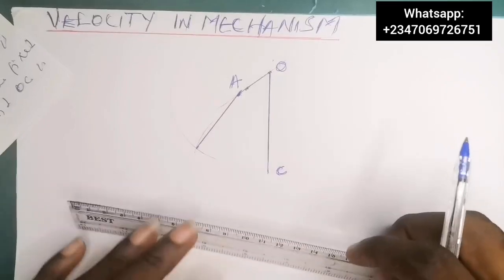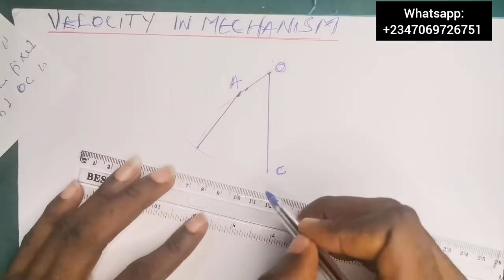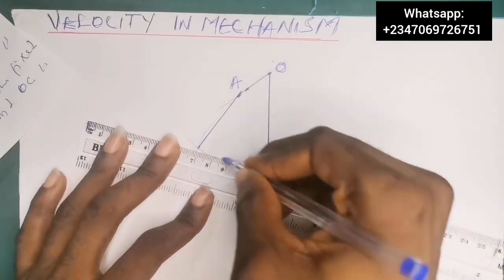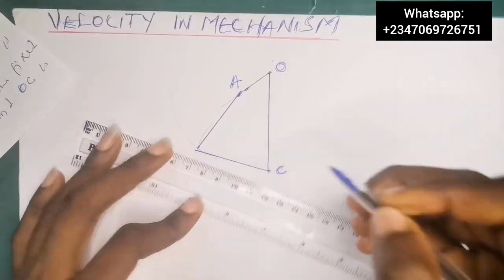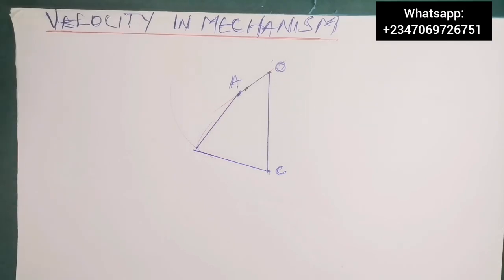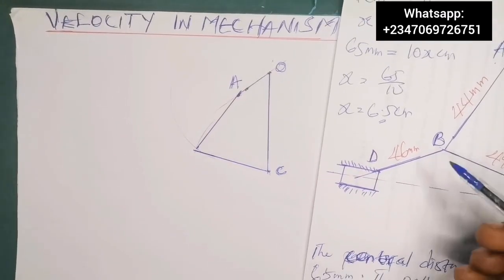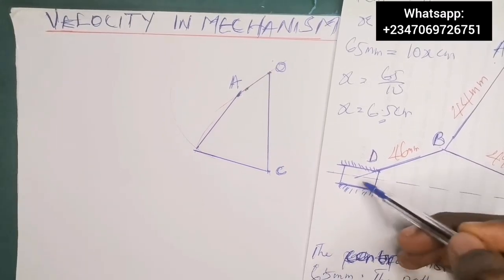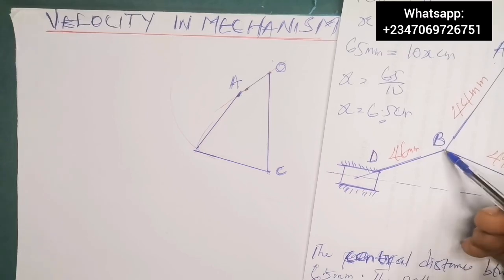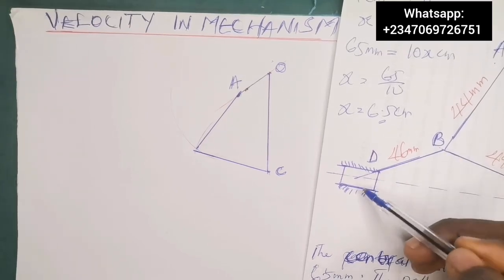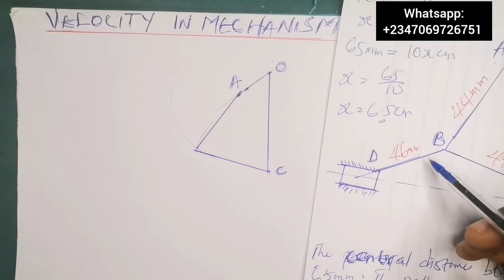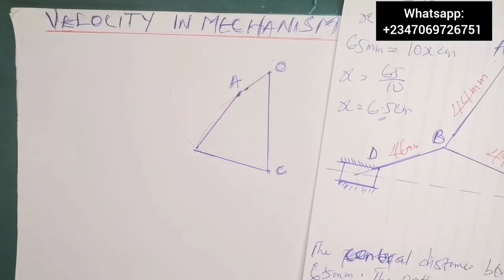Similarly, you join point C to point B and you have this. Okay, so we are almost there. Now we measure out B to D, which is the slider. B to D was given to us as 46 millimeter. That's going to be 4.6 centimeter, right?